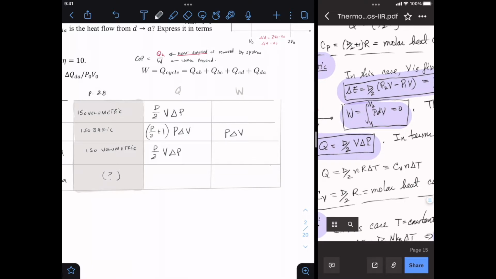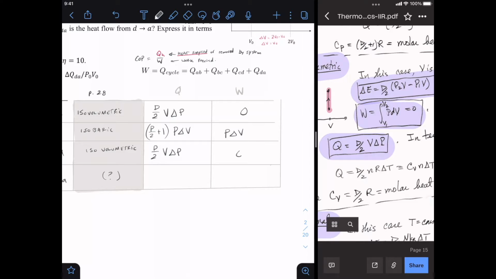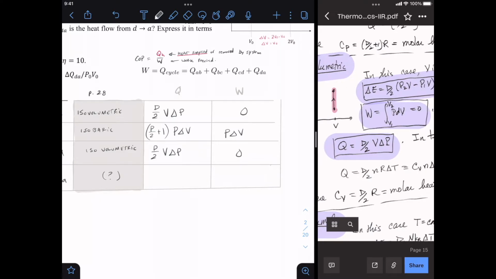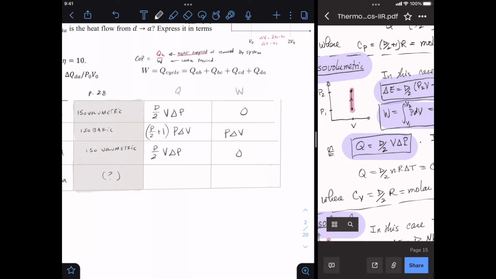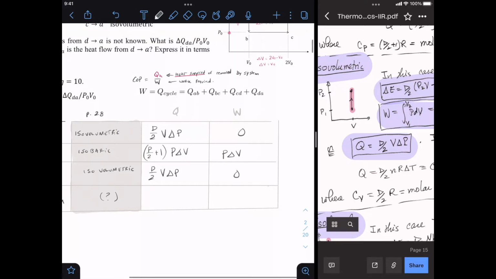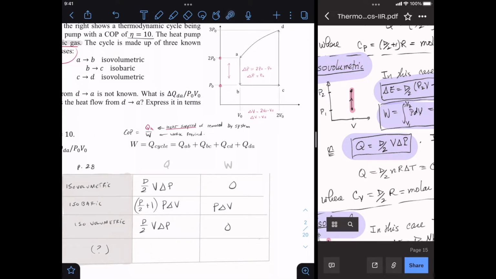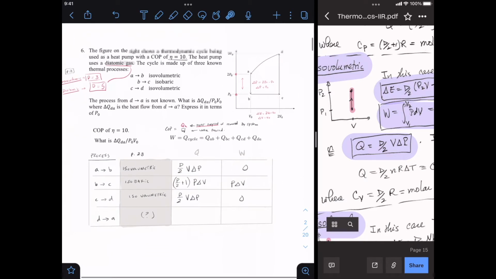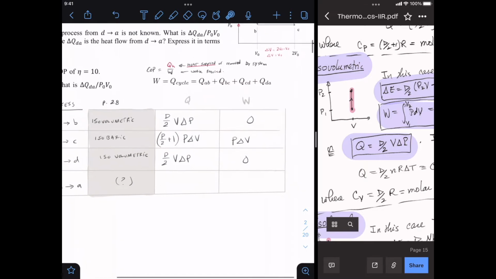Okay, and then our work is equal to 0, right? And that should make sense because the equation for work, we notice that we have an integral for work of P dV, and that's equal to 0. Because we're looking at the change in volume, which doesn't change when we have an isovolumetric system, right? So if we're integrating over the change in volume and the volume is the same, we're going to get 0. Okay? All right, and so for D to A, what is that?